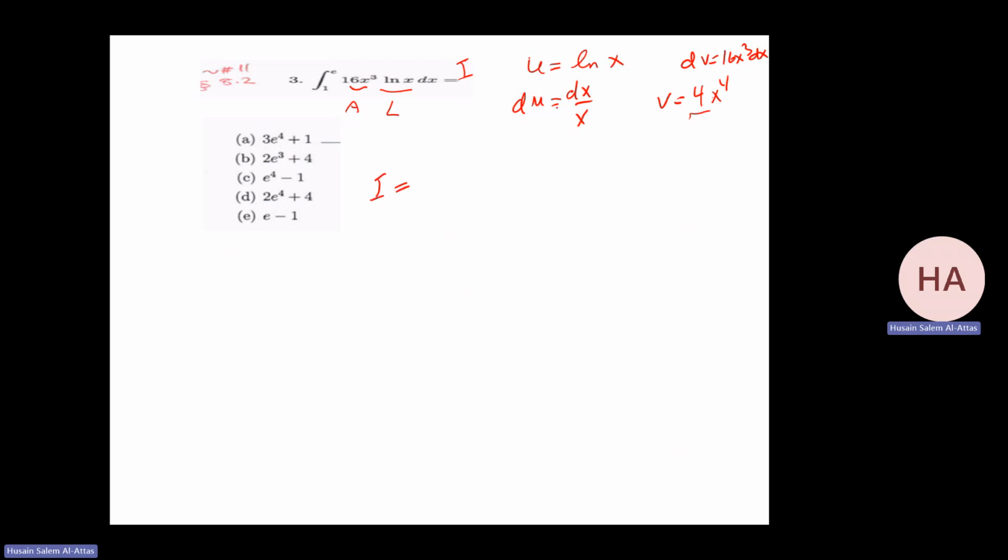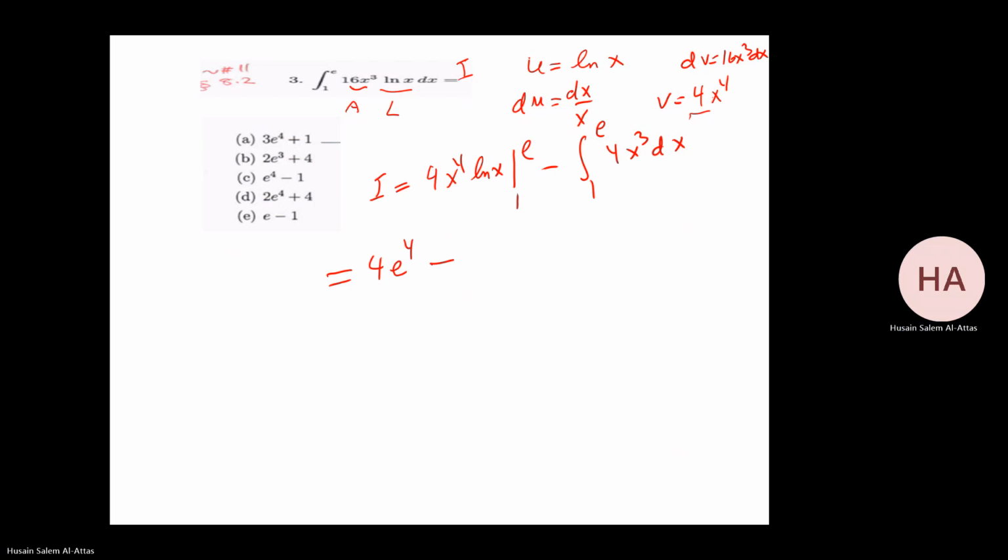So I, this is the integral. I will be uv, 4x to the power 4 ln x from where to where? From 1 to e, minus integral 1 to e 4x to the power 4 over x dx. Now substitute: I have 4 e to the power 4 ln e, which is 1, minus ln 1, which is 0, so forget it.